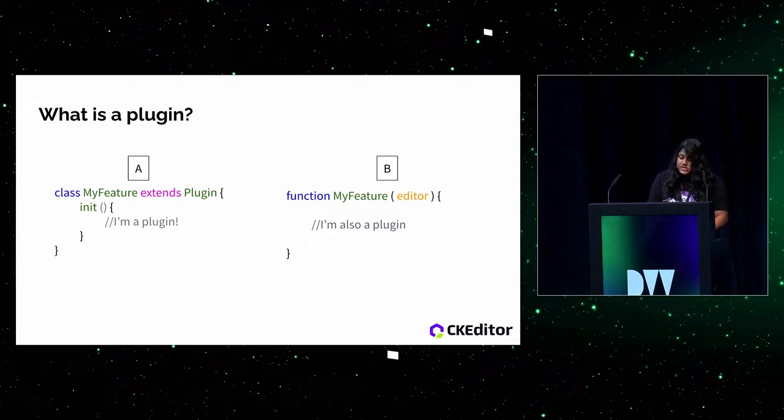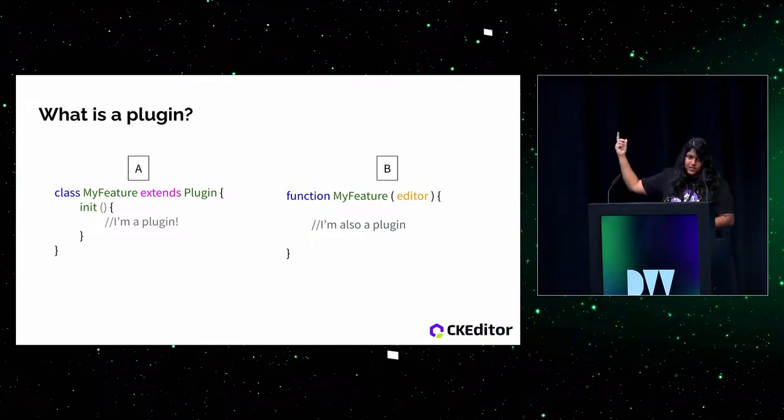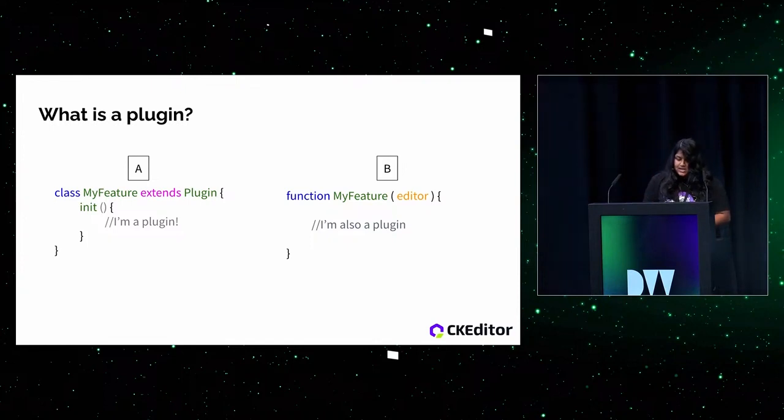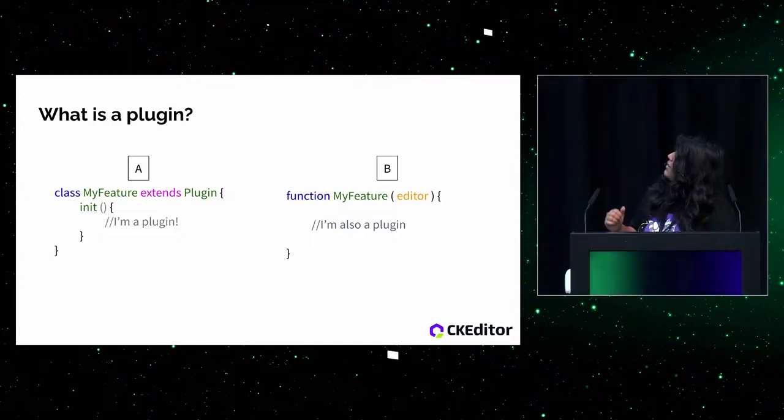And then there's approach 2, which is just creating a plain function. A plugin can also just be a simple function that takes the editor instance as a parameter, and then you can operate on that. In this case, you do have to realize that all the lifecycle hooks that come with initializing or destroying the plugin after execution are not included.